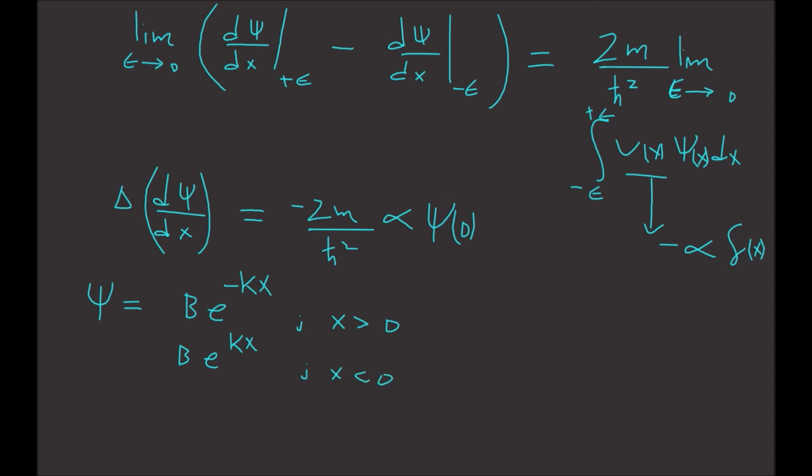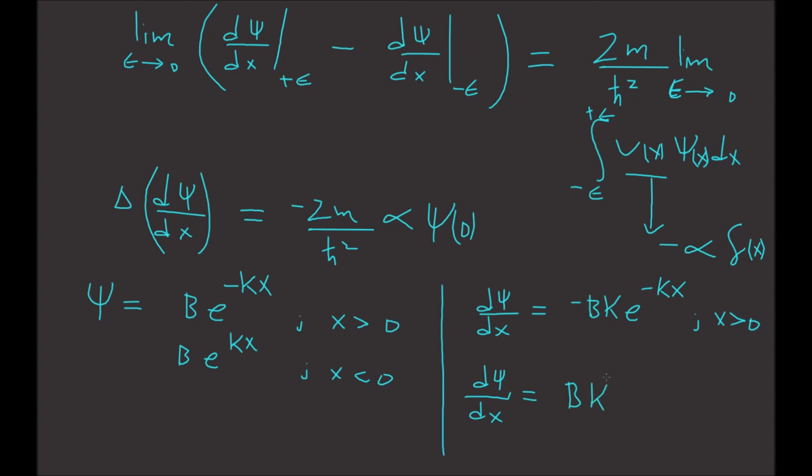So if we take one derivative of psi, what are we going to get? d psi dx is going to equal minus b times k times e to the minus kx for x greater than 0, and d psi dx is equal to b times k times e to the positive kx when x is negative, right?